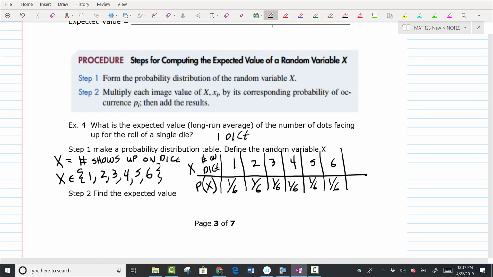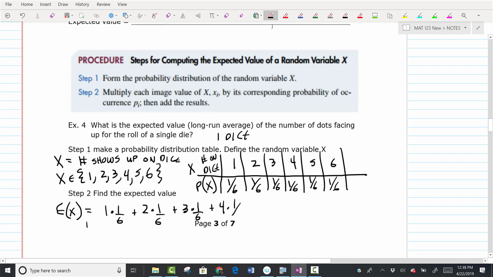So here's what you do to do the expected value. It's real easy once you have that probability distribution done. You do 1 times 1/6 plus 2 times 1/6 plus 3 times 1/6 plus 4 times 1/6, plus 5 times 1/6 and plus 6 times 1/6.